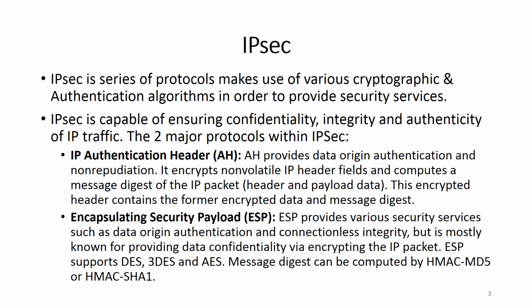So I'm targeting mainly the IPSec VPN, and that's used for the site-to-site tunnels to connect corporate offices. IPSec is a suite of protocols that uses cryptographic and authentication algorithms and functions to provide certain security services.